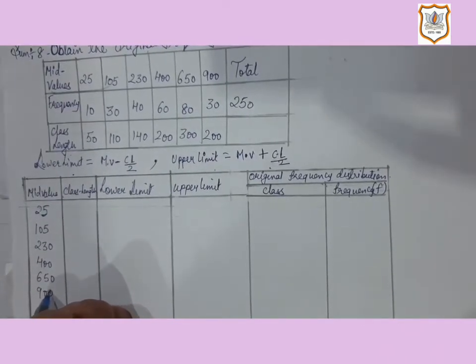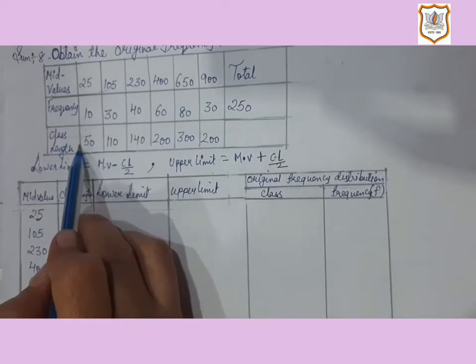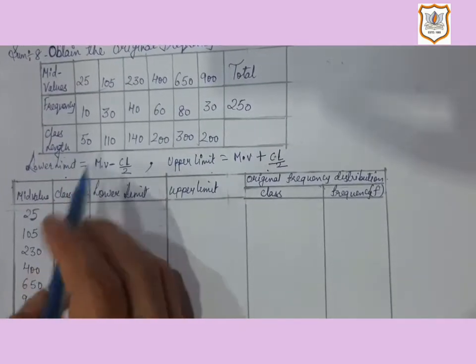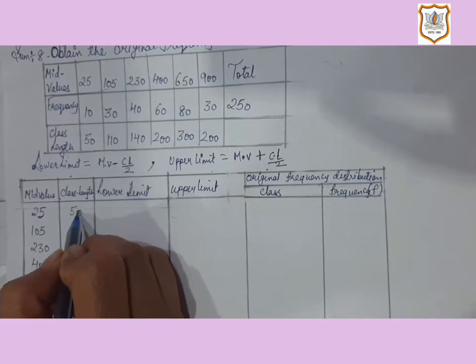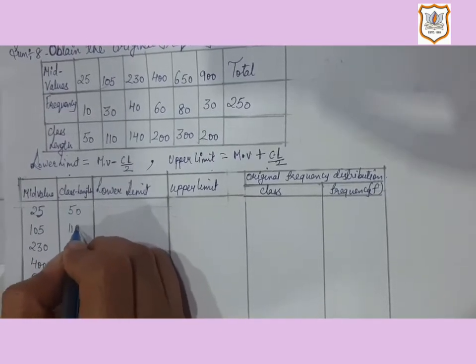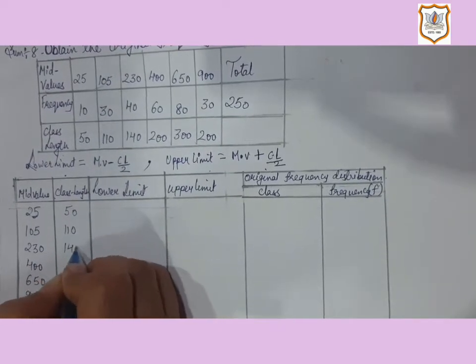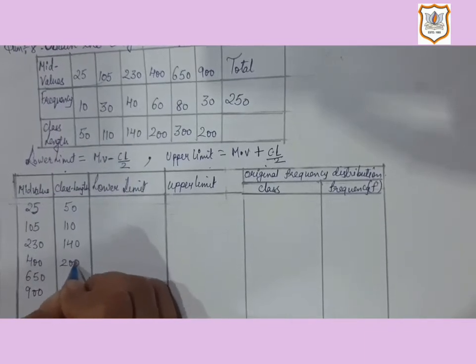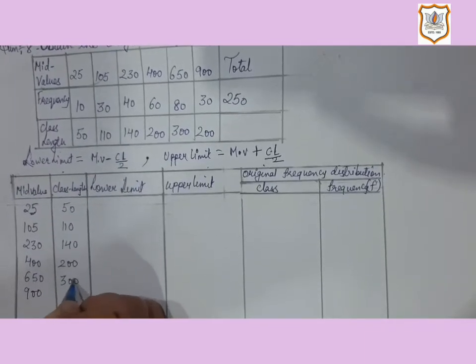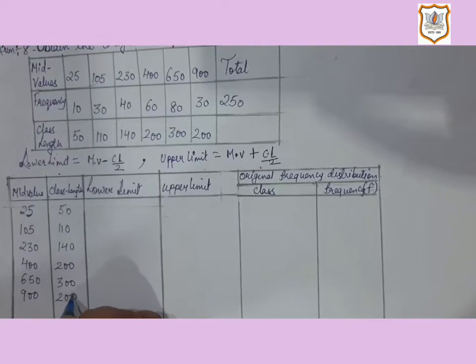Then let's write the class length as given in the question: 50, 110, 140, 200, 300 and 200.